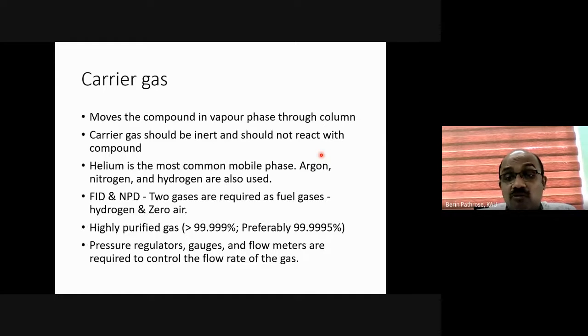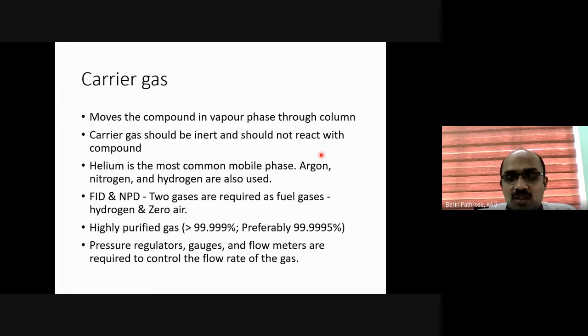FID is nothing but flame ionization detector. Flame ionization detector. Have you ever seen a flame photometer? Yes, sir. How does it work?